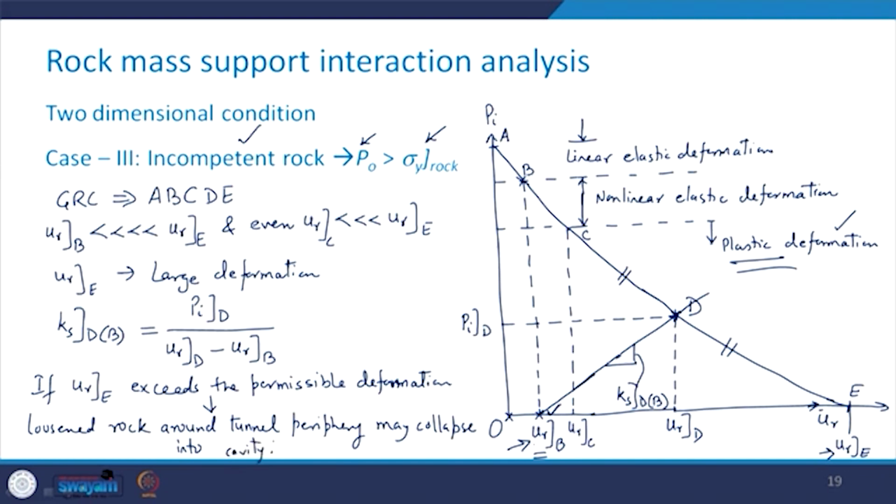which is not desirable. So what we need to do is, before the deformation reaches to this high value of UR at E, we need to arrest it somewhere in between, maybe at point D or any other point on this GRC, and then provide the support system which has some stiffness, and then you will be able to avoid this particular situation.